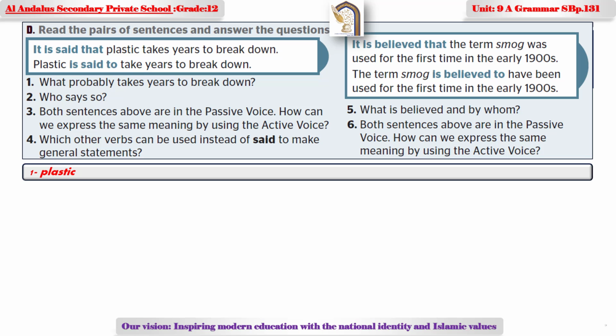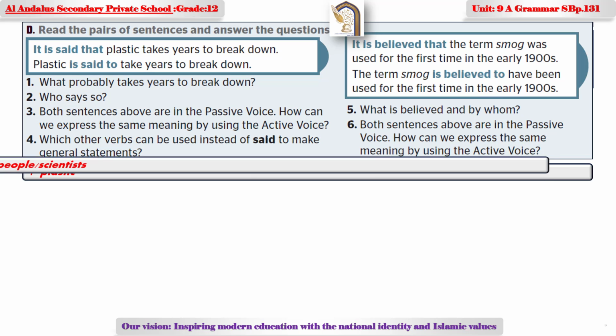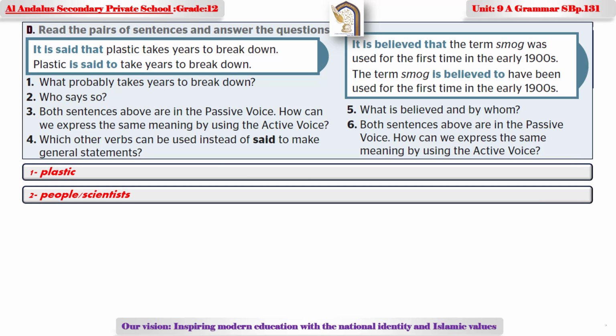Question 2. Who says so? People or scientists. It is said that plastic takes years to break down. Question 3. Both sentences above are in the passive voice. How can we express the same meaning by using the active voice?